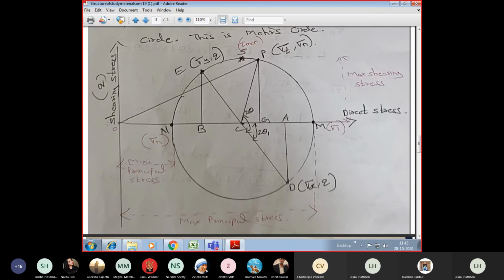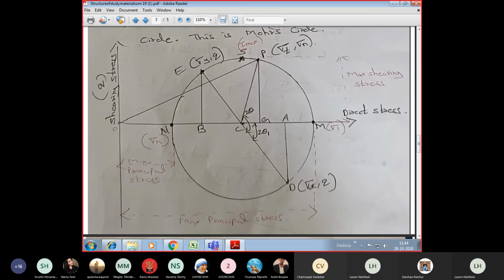First you mark the origin, x-axis as direct stress, y-axis as shearing stress. Later on, what did you do? You mark the points D and E by taking coordinates (sigma x, q) and (sigma y, q), right? After this, by using a protractor and radius equal to DC or CE, you have drawn the circle, right?